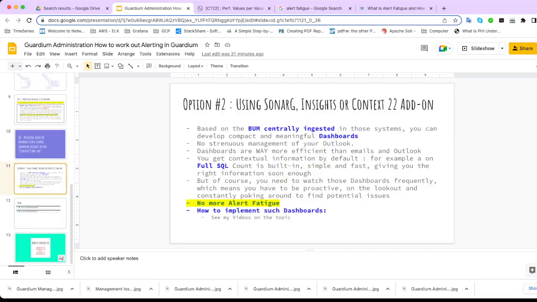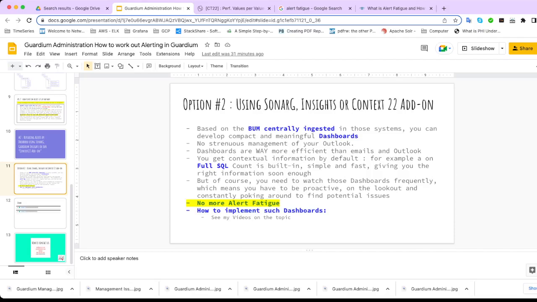What you get when you use those systems to manage performance information and replace the alerts is really centered on the buffer usage monitor report. And this time, the buffer usage monitor report gets ingested centrally in those systems.